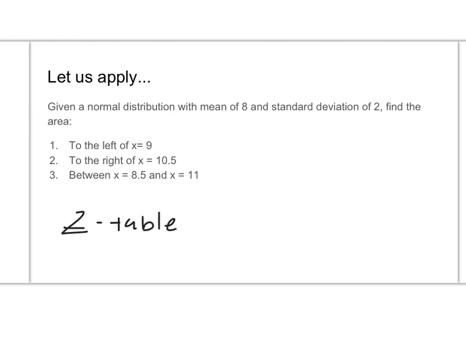So if you're given the x values, you have to convert them first into z. And to convert them into z, always remember that z is x minus mu divided by sigma, the standard deviation. Now let's start with finding the area to the left of x equals 9.